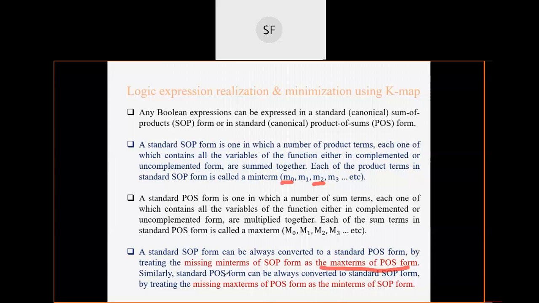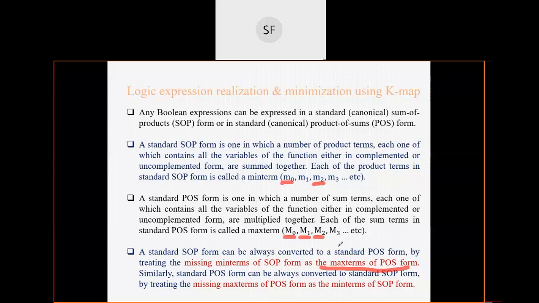So similarly, a standard POS form can always be converted to the standard SOP form. Now here, let's say four max terms are present here. Out of them, the first three max terms are present, and M3, that is the last max term, is absent, that is missing.